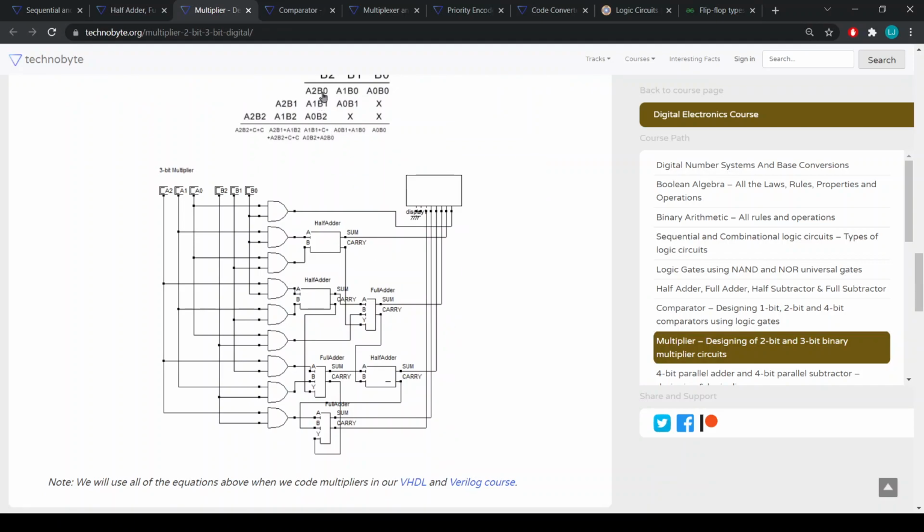So same thing with a2 b0, a1 b1, and a0 b2. That is also what is happening, and you can see it here.